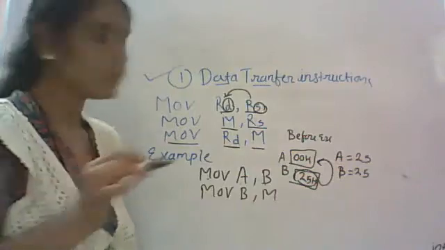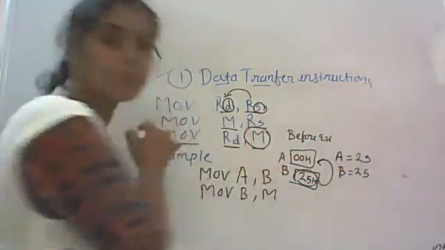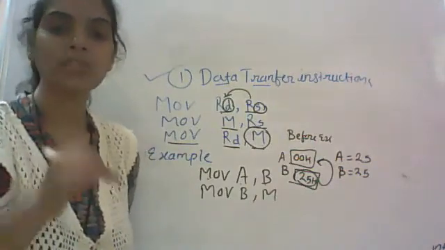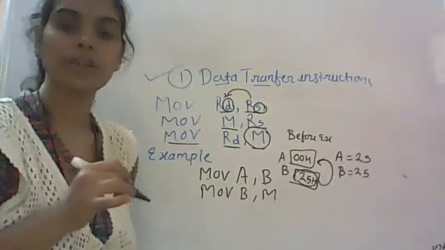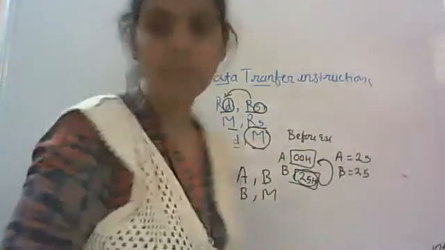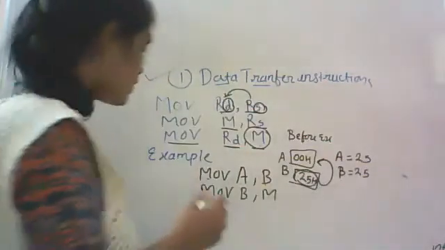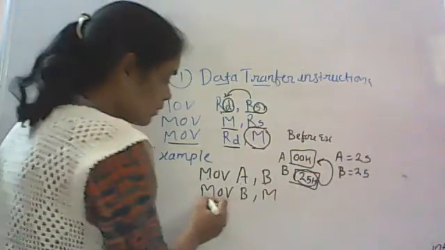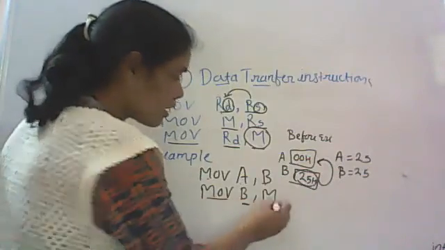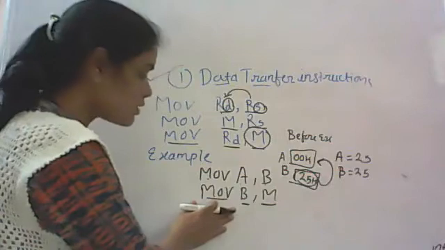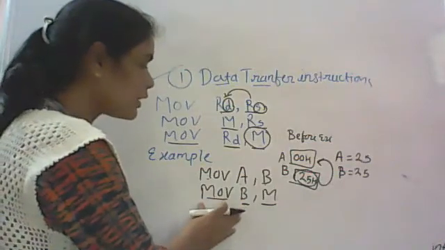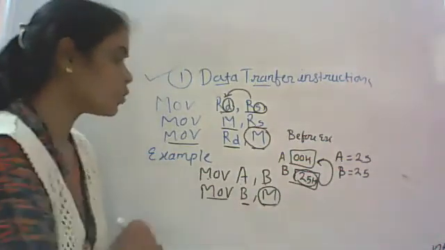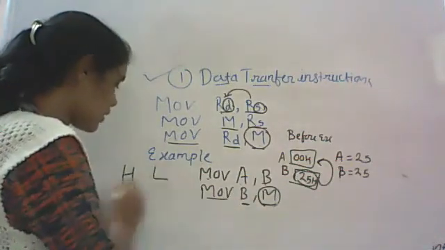If one of the operands is a memory location, its location is specified by the content of the HL register pair. For example, MOV A, M. For example, MOV B, M. In this instruction, copy the content of the memory location whose address is stored in the HL register pair.